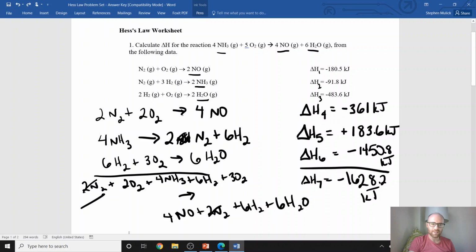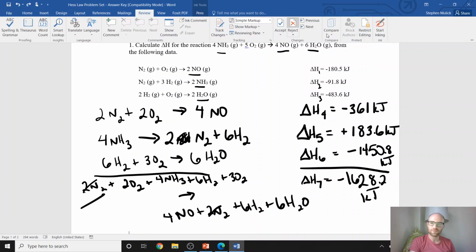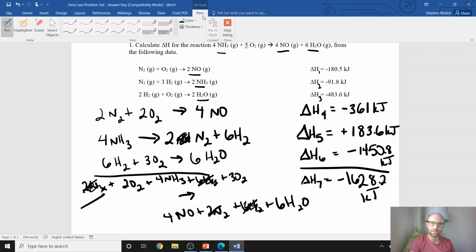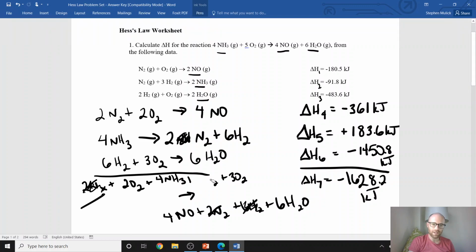I see 6 H2s here, and I see 6 H2s here. So once we remove all of the substances that show up on both sides of the equation, I'm just going to erase them really quick and see what we're left with.